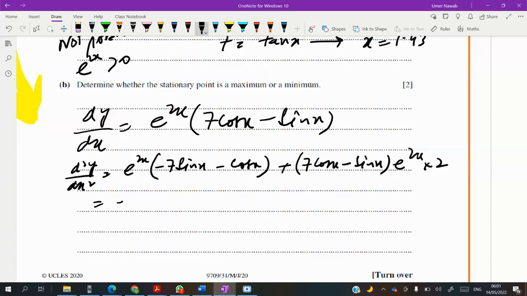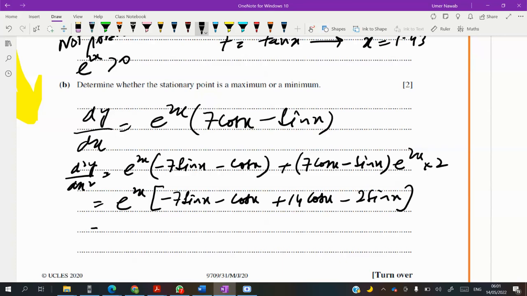I'll take the e raised to 2x common. So we have minus 7 sine of x minus cosine of x plus 14 cosine of x minus 2 sine of x. Further simplified, it gives you minus 9 sine of x plus 13 cosine of x.